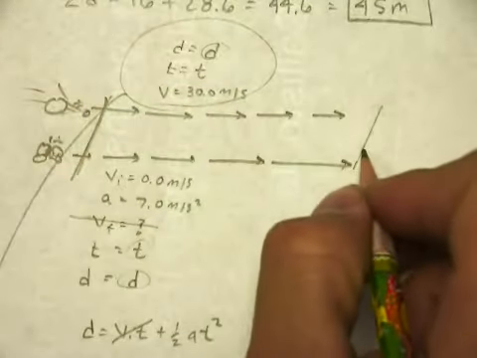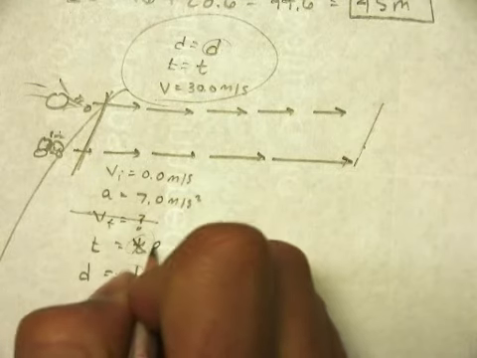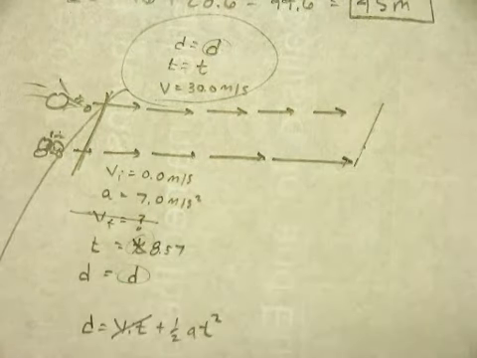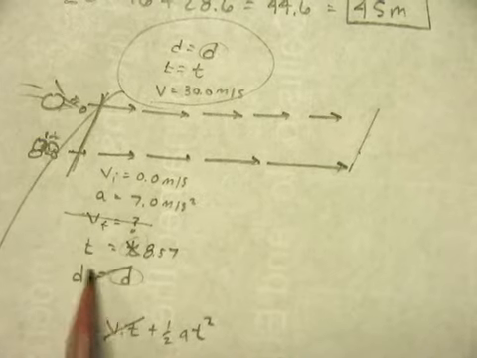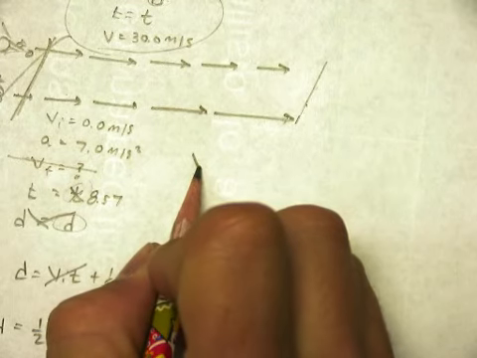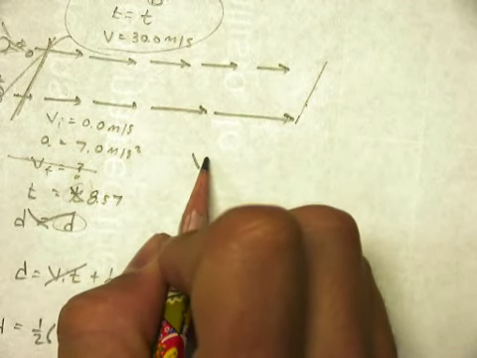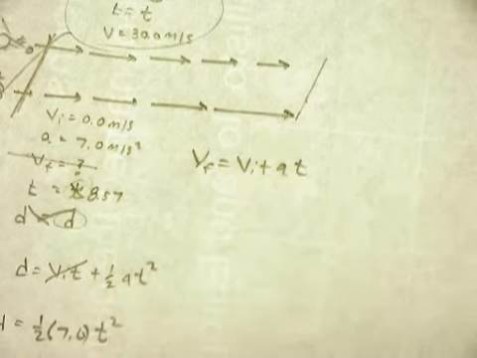So over here, the time is 8.57 seconds, and you're saying to yourself, why did I even care about the time? I didn't want it. But you know what? Now it works. Now you've got 4 things. So we're going to use the one that doesn't involve distance to actually kill this problem. So you're going to use, let's see here, VF equals VI plus AT.